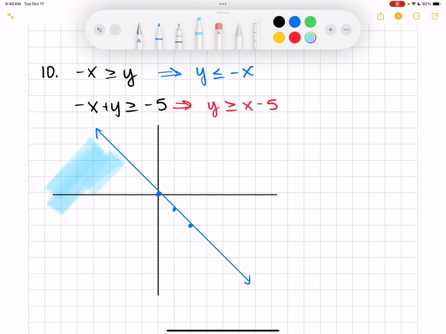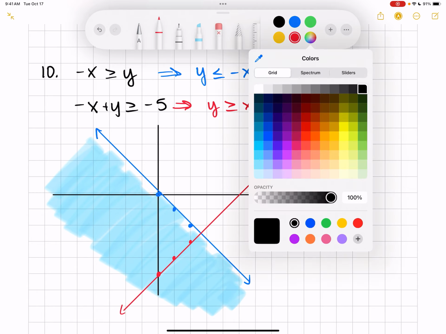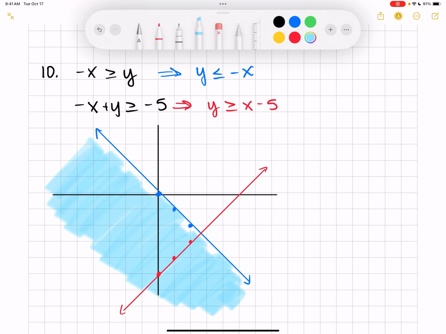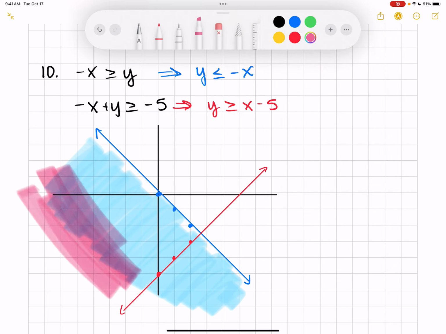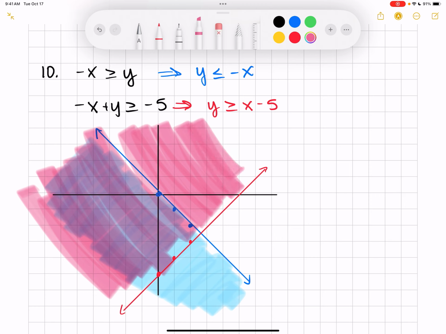So that's going to be down here. For my other one, I've got an intercept at -5 and a positive slope. This one's also solid. Is this one being shaded above or below? Above. So this one's being shaded up here. So my solution is over here in the overlap.